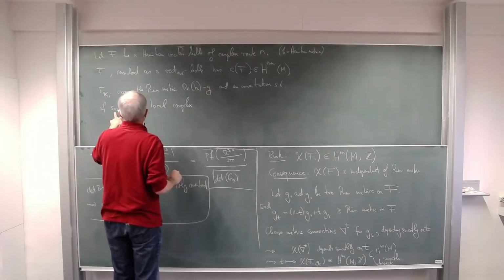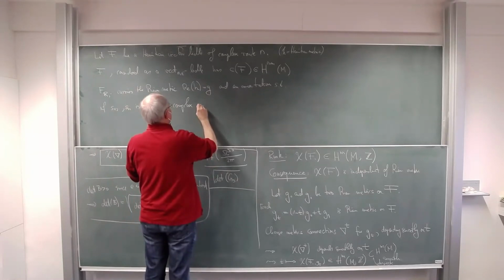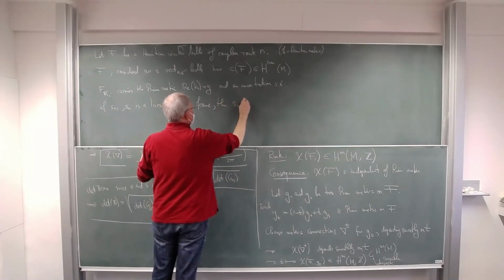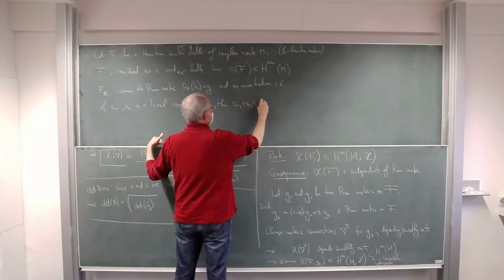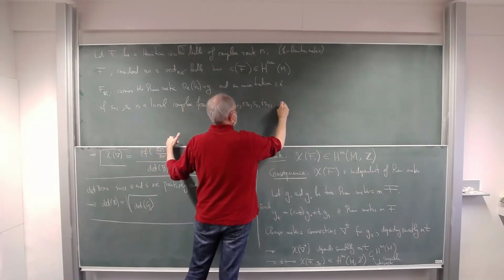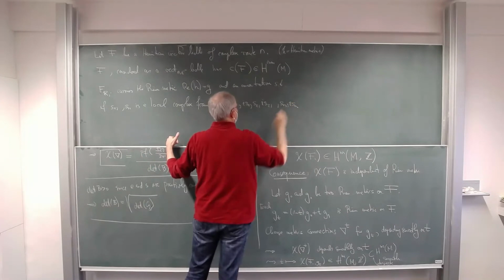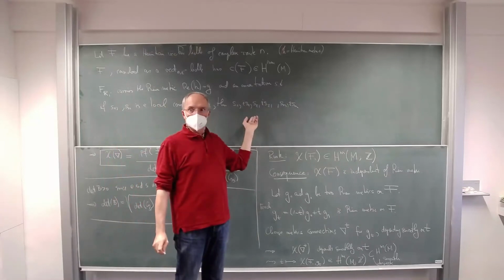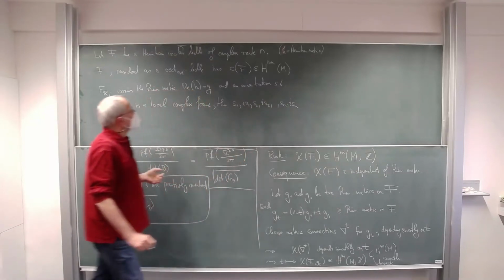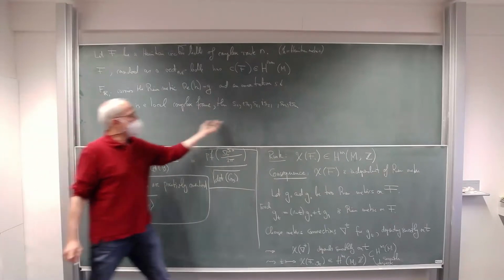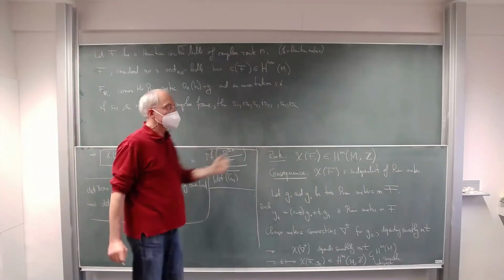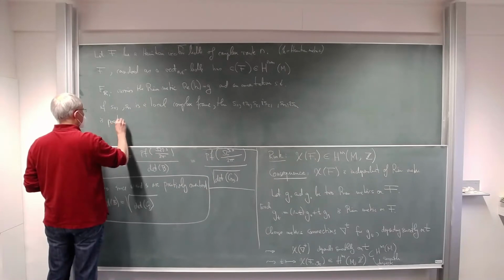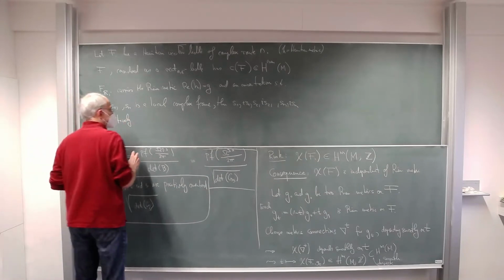The complex rank is n, so a local complex frame, then S1, I times S1, S2, I times S2, and so forth, all the way up to Sn, I times Sn, is a real basis, and this is declared to be positively oriented. If you replace this by another complex frame, this will not change the orientation. So then this is positively oriented. This is how you get an orientation from a complex structure.